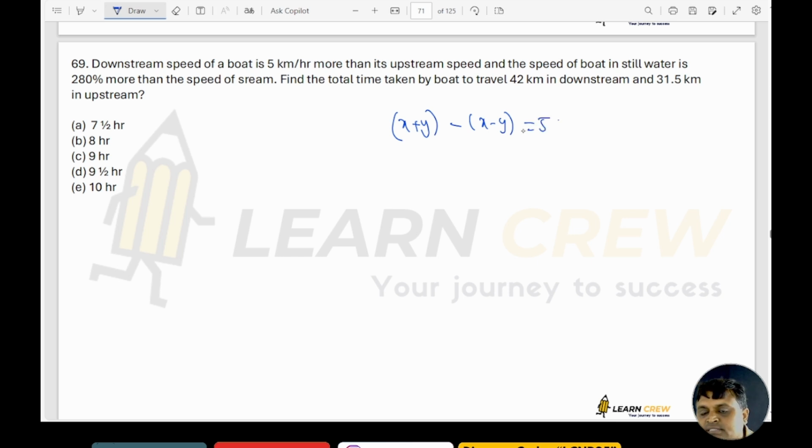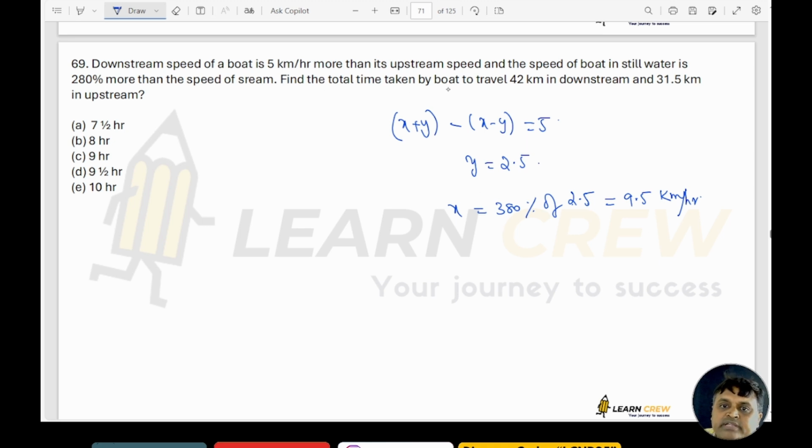The difference is given as 5, so 2y is equal to 5, y is equal to 2.5. And it is given that x is 280% more, so 380% of 2.5, which is 2.5 into 3.8, which is 9.5. So x is 9.5 km per hour.